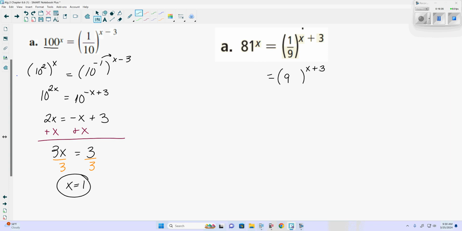So our 1/9, well, it'd be nice if we can get it back in the numerator. So we move the 9 to the top, and it's going to be to the negative 1. Now, we didn't necessarily have to do it. It's a little bit easier, because the other option is to turn 81 to the 1/9. That's not as nice of an option.